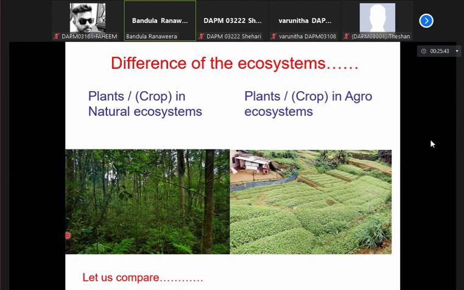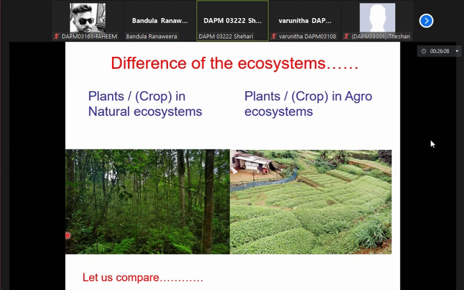Can you elaborate that? I think that comparison was given by one of you. Natural ecosystems have many varieties, biodiversity.